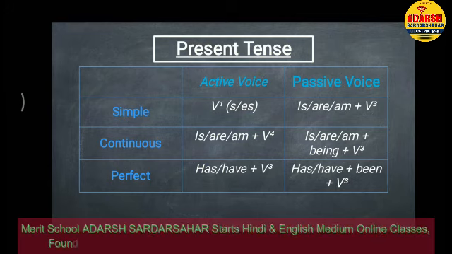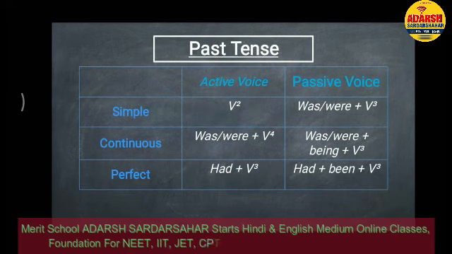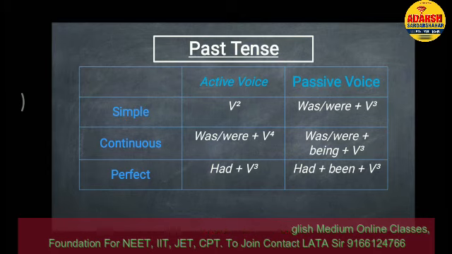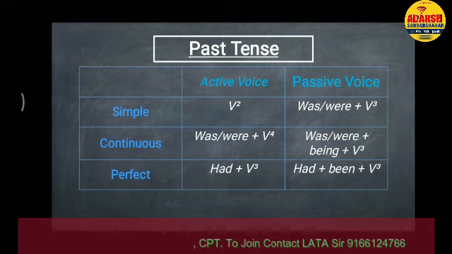So let's go towards past tense. In simple past, the helping verb in active is the verb's second form only, while in passive we will change it as was, were plus verb's third form. In continuous, was, were plus verb's fourth form. Fourth form is a continuous form, the ing form. So it will change in passive as was, were plus being plus verb's third form.